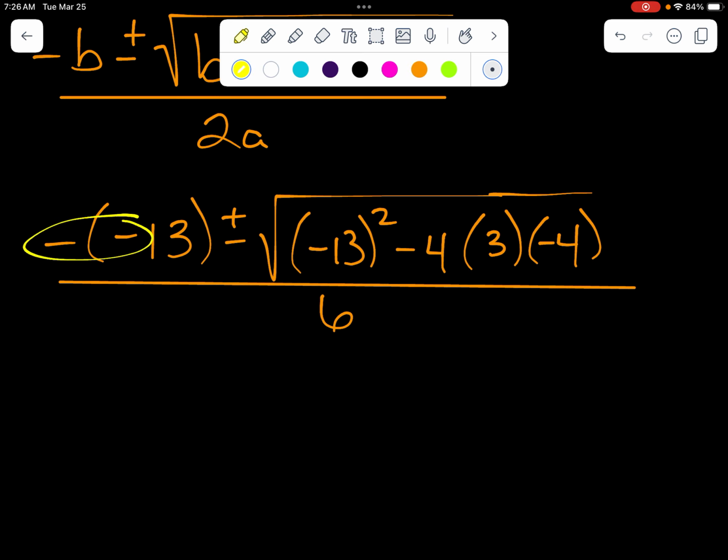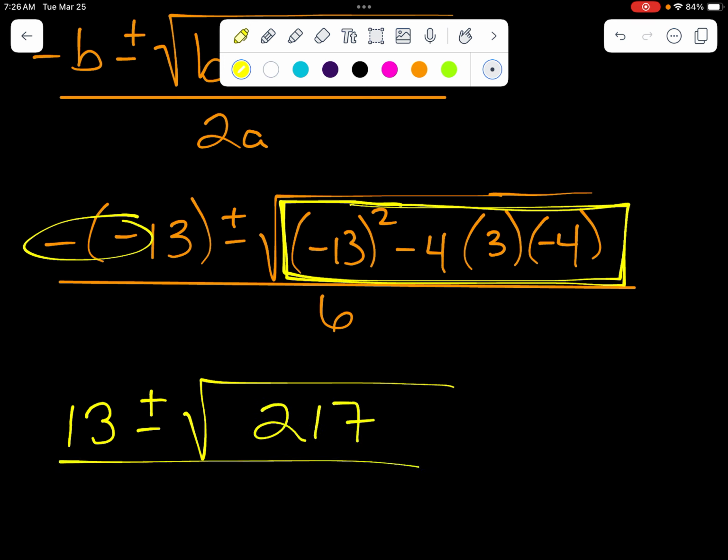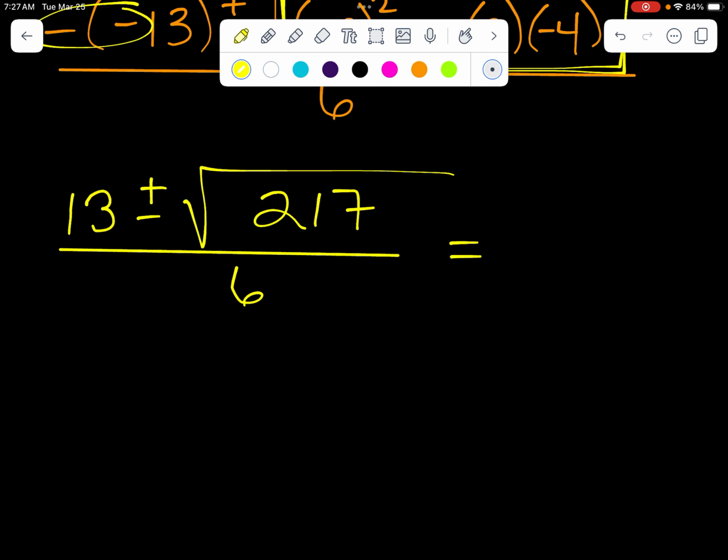Now we're ready to clean up everything here. So we have double signs, so that means 13 plus or minus the square root of all of that on the inside. If I just simply type in exactly what I see right here, this is 217 divided by 6. Now we can start to estimate here. The square root of 217 is about 14.73.